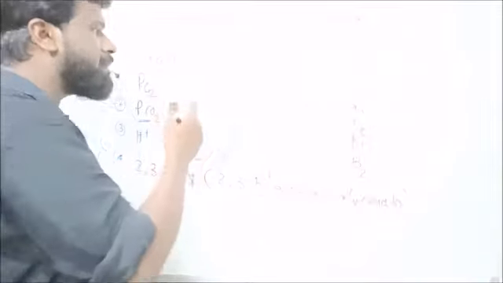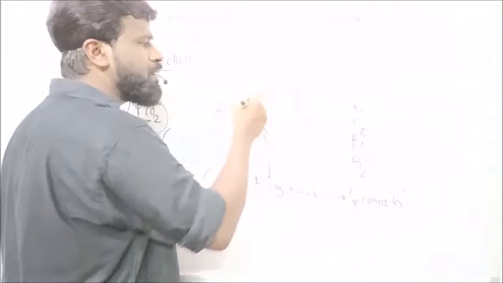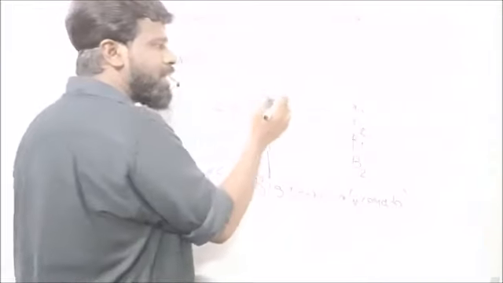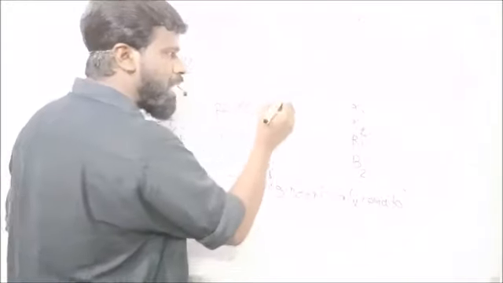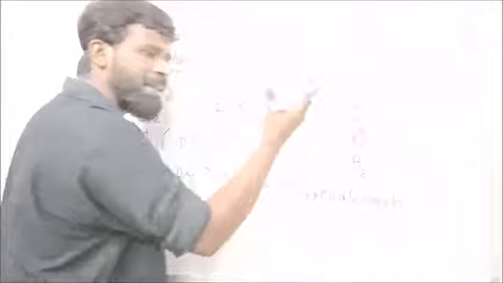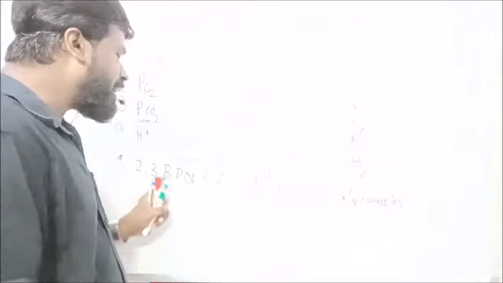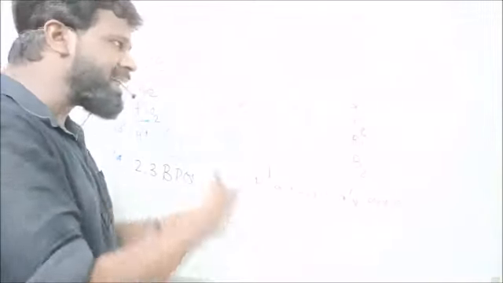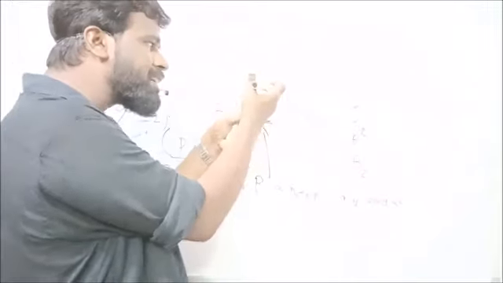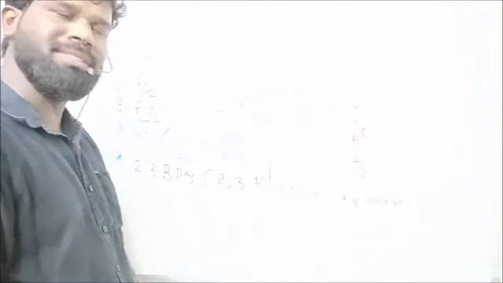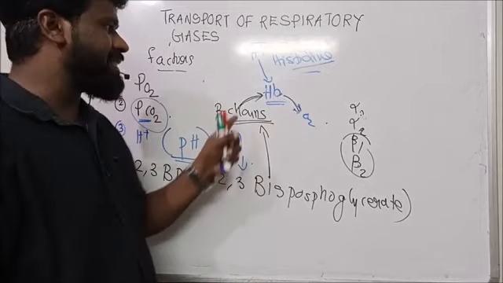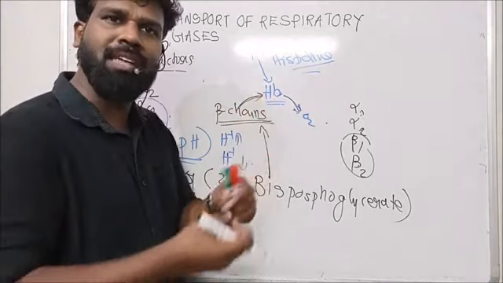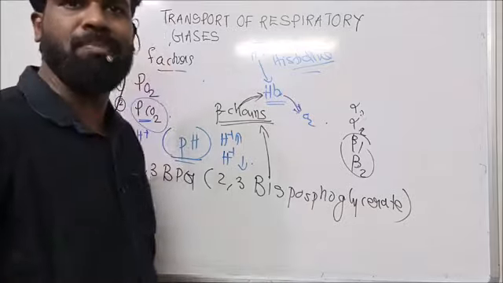When it binds to the amino end of the beta chain, what happens? A conformational change occurs in hemoglobin, which causes the unloading of oxygen from hemoglobin. So 2,3-bisphosphoglycerate is another factor which affects the association and dissociation of hemoglobin and oxygen. When its concentration increases, it binds to the hemoglobin and causes the unloading of oxygen from this hemoglobin.